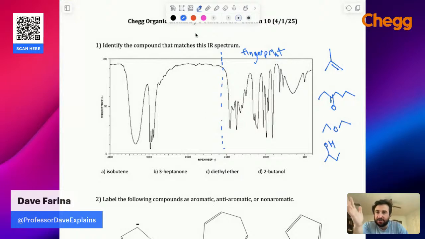So what is the first one that we're very obviously going to need to know? This one here, we've got a very broad, round, smooth peak at right around this wave number here. That's about 3,300, 3,400, 3,350, somewhere around there.